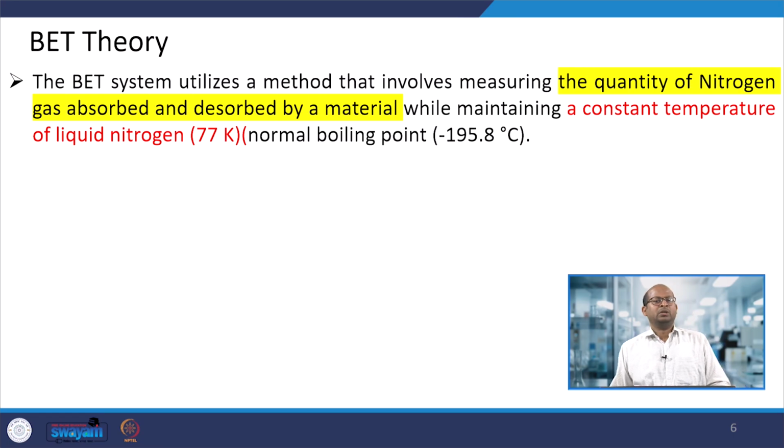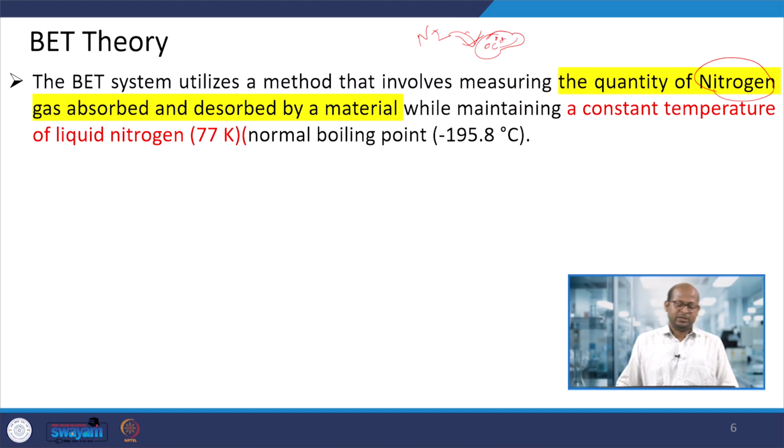Here we will discuss the theory a little bit, and how the system works. In particular, we have taken solid materials. Nitrogen is used as the probe molecule, which adsorbs over the surface of the powder sample, or porous material that we have taken, at very low temperatures.